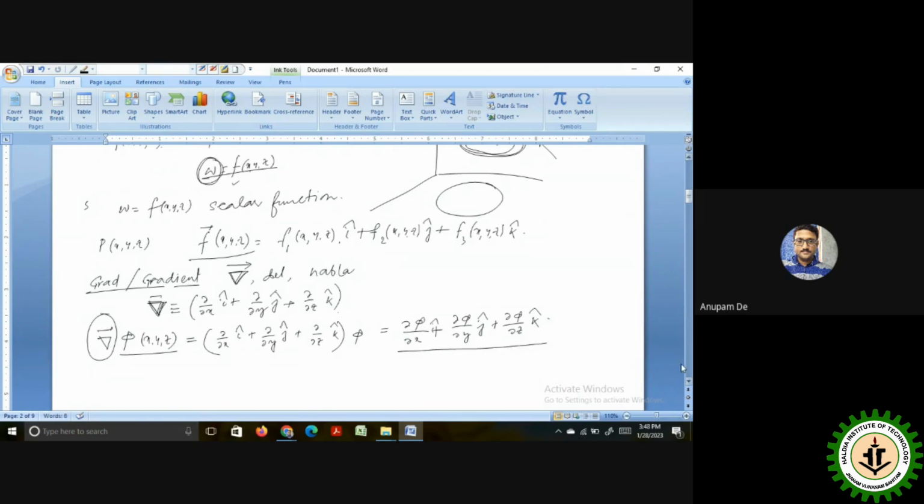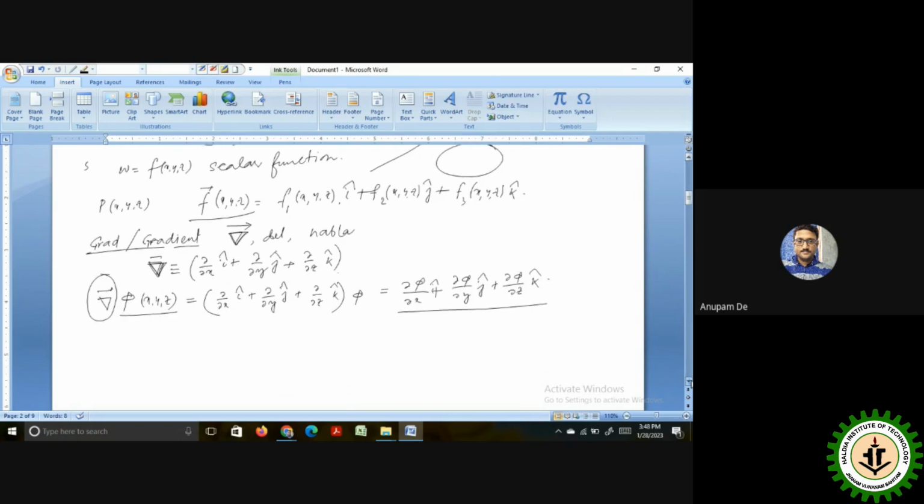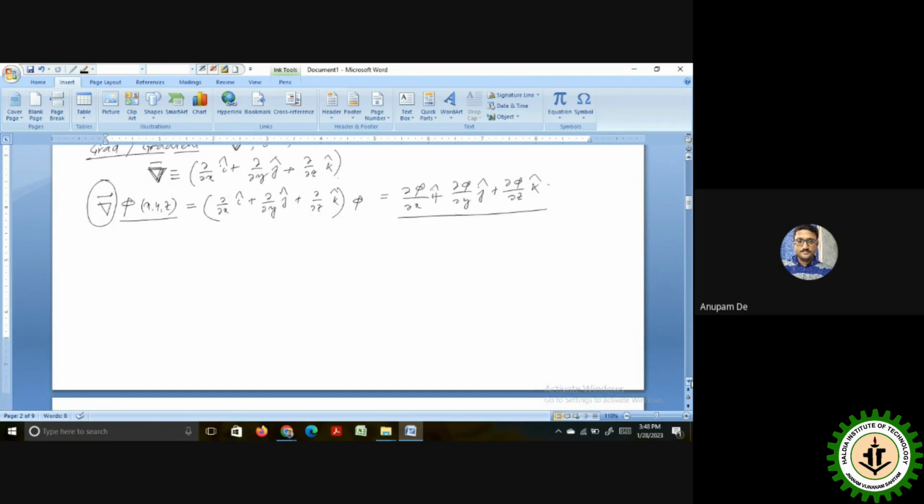This vector is not just an ordinary vector, it has some meaning. If you have a surface phi, and suppose this is a point x, y, z, then this nabla phi represents the outward drawn normal to the surface, the normal vector to the surface.